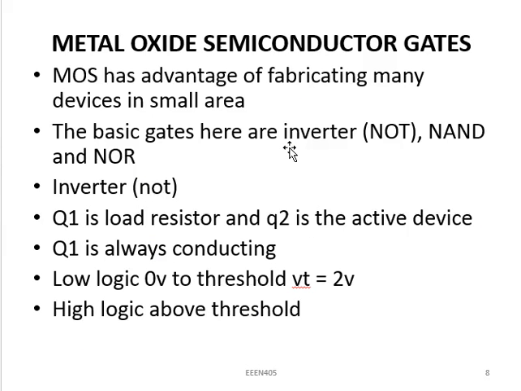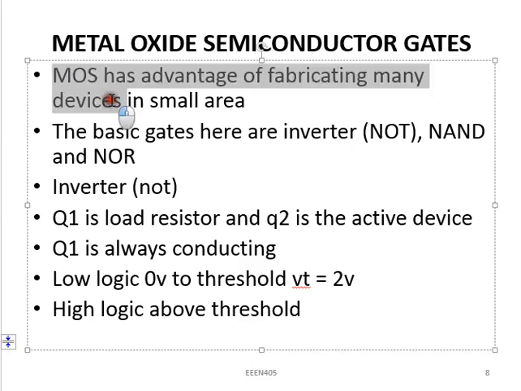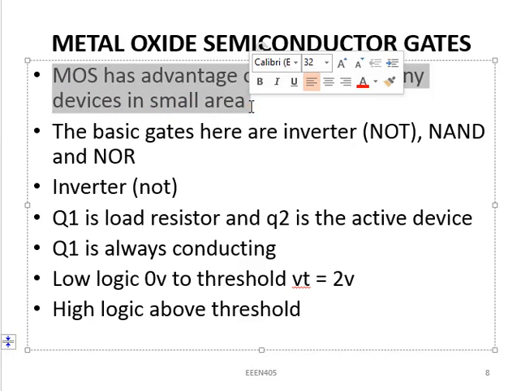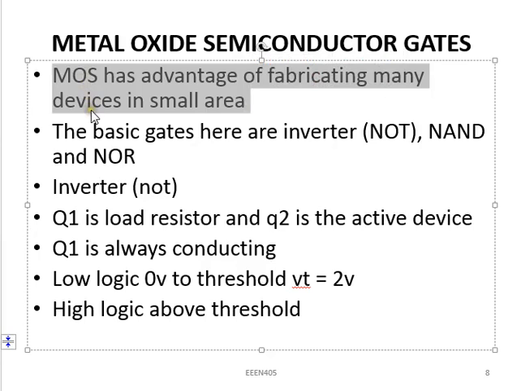Now we go to the next item, which is the metal oxide semiconductor gates. This is another way of fabricating digital logic gates, and it has an advantage of the fact that you can fabricate many gates, many devices in a very small area of your metal oxide semiconductor, because the same gate can also be used as current limiting resistor, and we can use this one to fabricate any type of gate.